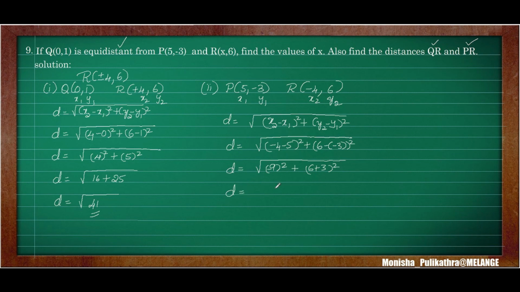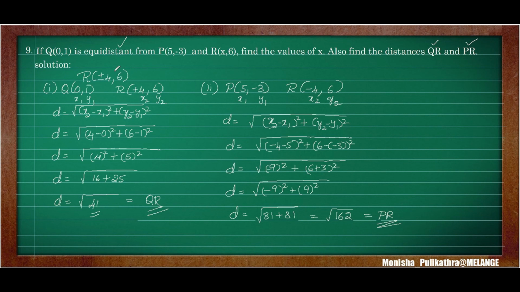Okay, so it will become minus 9 whole square and plus 9 whole square. So d is equal to 81 plus 81. So this is 162. So this is the value for QR and this is the value for PR.